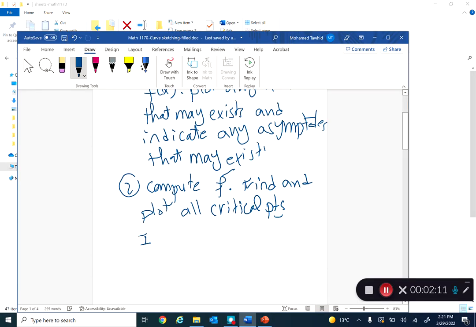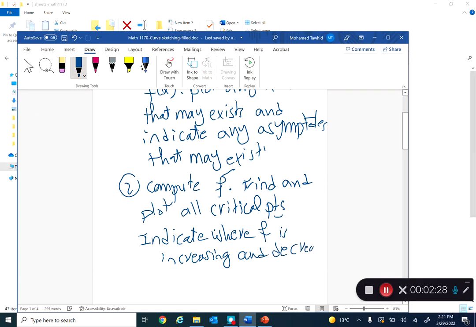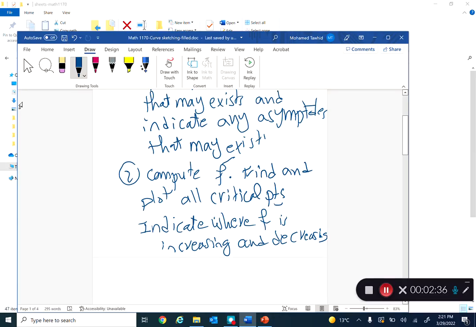And indicate the interval where f is increasing and where f is decreasing. That is after we apply the first derivative test, which helps us find all the critical points, and then where f is increasing and where f is decreasing.